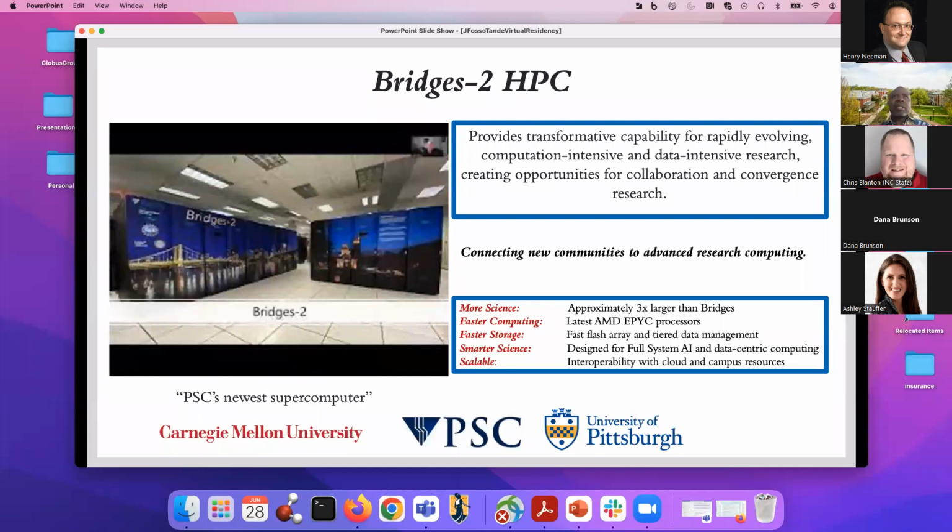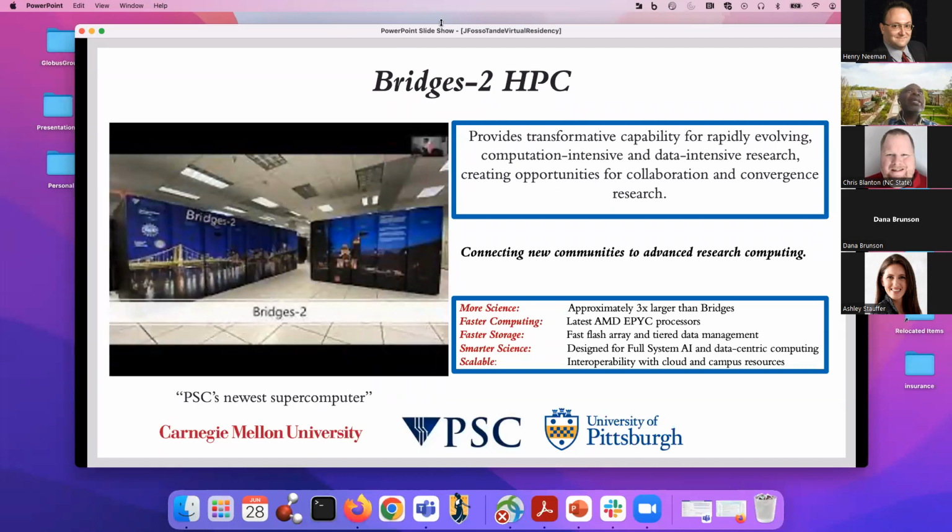You have faster storage, fast flash arrays. You can do smarter science. It's more scalable. And of course, it provides transformative capability for rapidly evolving computation intensive and data intensive research. So Bridges is located at Carnegie. It's managed by both Carnegie Mellon University and University of Pittsburgh.